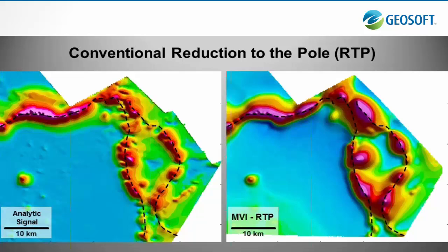Jared? Can I resume? The reason I raised the point about the profiles is on your data from Brazil, you indeed had an upward continuation, so therefore lost quite a bit of the original resolution in the data, I suspect. And I think it would be an interesting exercise to repeat your MVI analysis on the original data, which probably contain multiple sources in some of these things that appear to be generalized single sources.